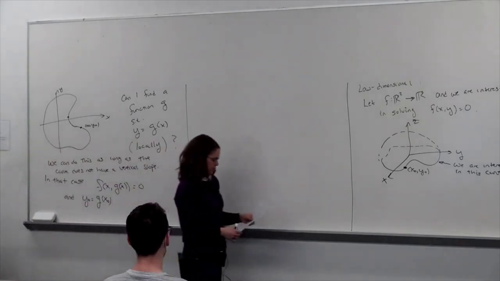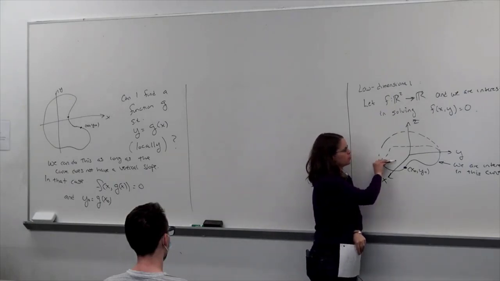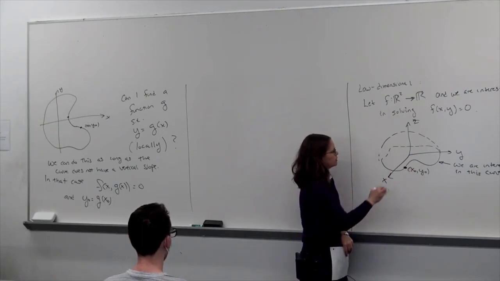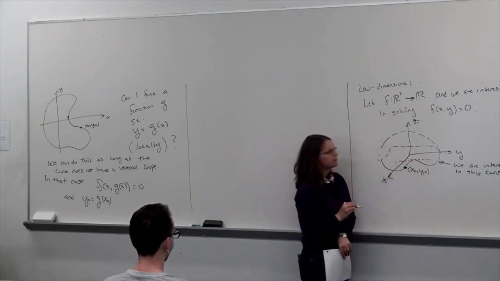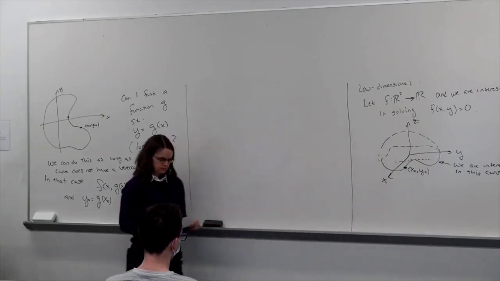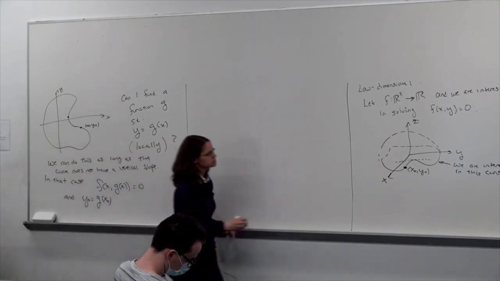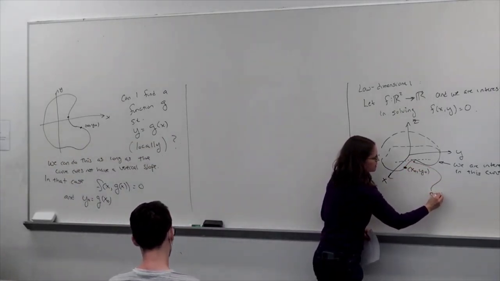Okay, so let's find a problem point over here. We said a problem point is where the slope is vertical, okay, points in this direction. So something over here would be bad. Okay, so this point here, can't do it here.